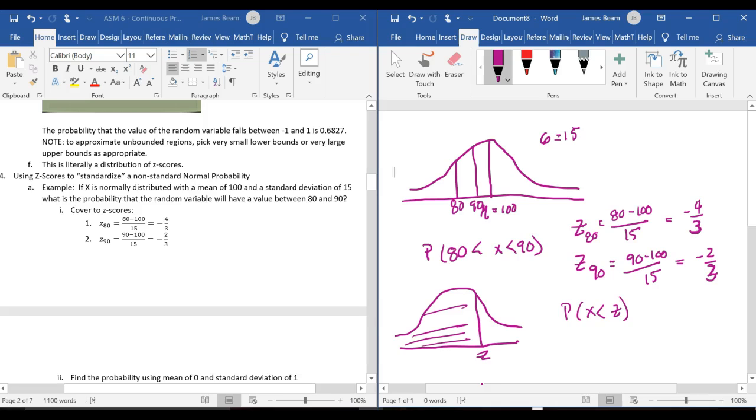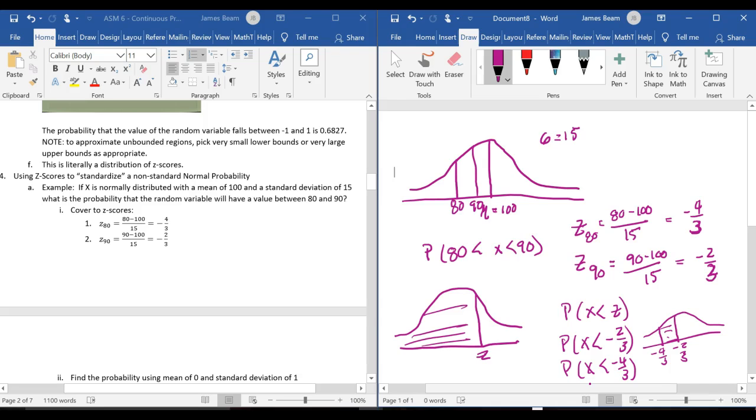So you would find the probability that x was below negative 2/3, and the probability that x was below negative 4/3 in the table. And then you would subtract these, because this would be the curve below negative 2/3, and this would be the piece below negative 4/3. When you subtract these two things, you get this region here. So this is how we used to do this.